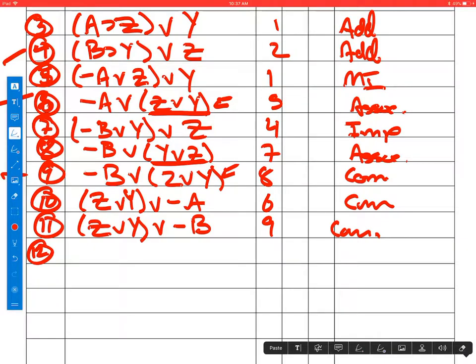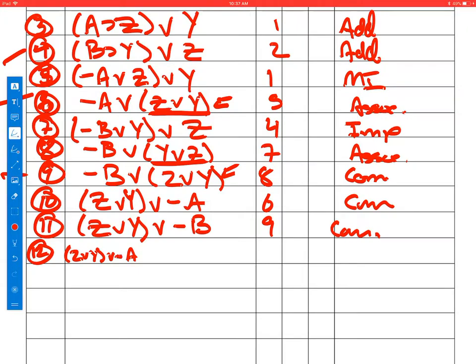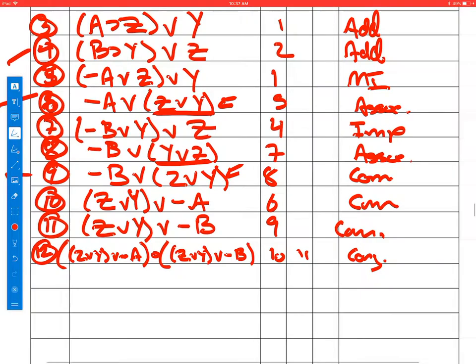Okay, now I'm going to put these two lines together, 10 and 11. So I've got Z or Y or not A, and Z or Y or not B, and that's from 10 and 11 by conjunction.